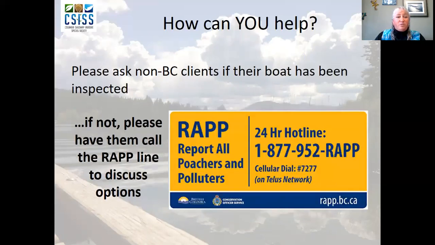If you notice one of your clients is coming from BC and you chat with them and find that their boat has not been inspected, please have them call the RAP line. This is a 24-hour emergency hotline, and the person on the other end will give really good advice as to exactly what to do if your boat has come through into BC without being inspected.